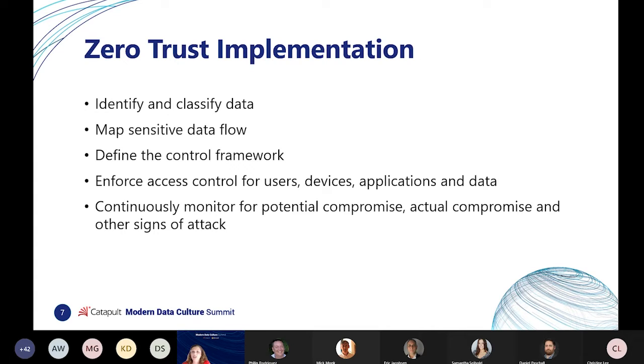Along with this, we'd want to define the security control framework. Maybe, again, given our different entity, maybe we need to be cognizant that we have to be PCI compliant. Maybe we're subject to Sarbanes-Oxley. Maybe we're subject to GLBA. Maybe it's a HIPAA entity.